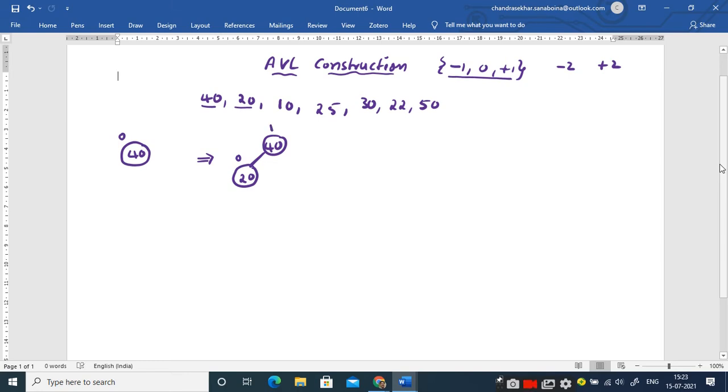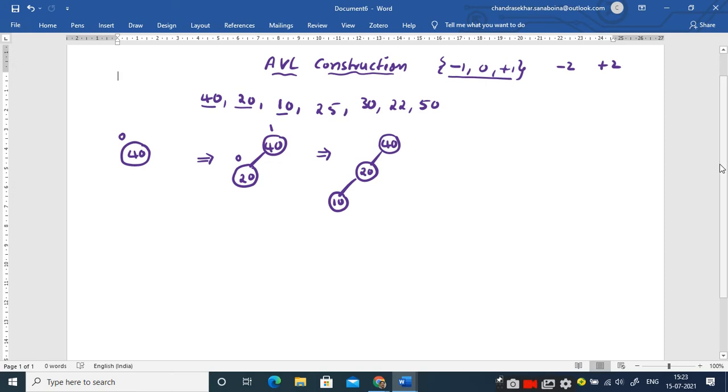So since these 2 nodes are falling in this range of acceptable balance factors, it is okay. Now you go to the next element. Where should I insert 10? Left of 20, sir. So I should insert 10 as the left child of 20, right?